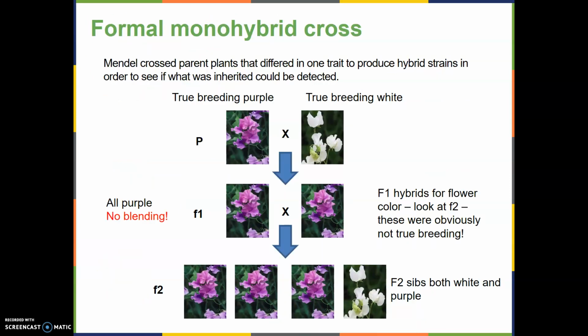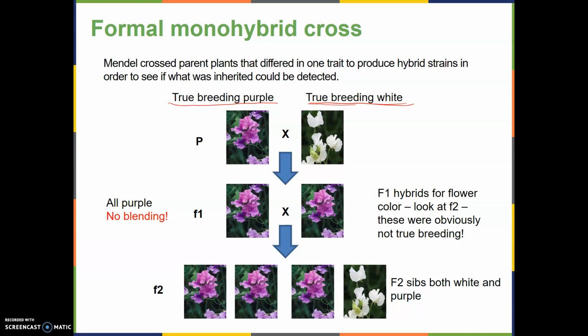Okay? So what does teach us something is a monohybrid cross between, for our P generation, a true breeding purple flowered plant and a true breeding white flowered plant. So one of the parents is purple, one is white, and the one that's purple is pure for purple, and the one that's white is pure for white.